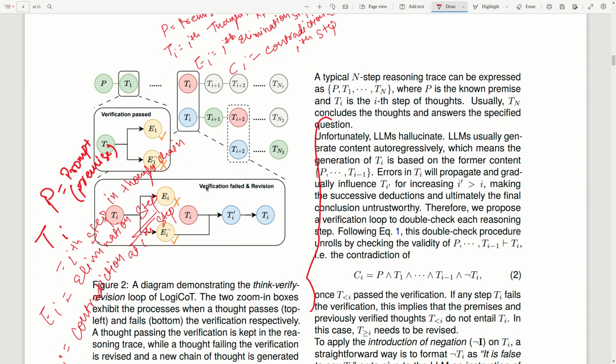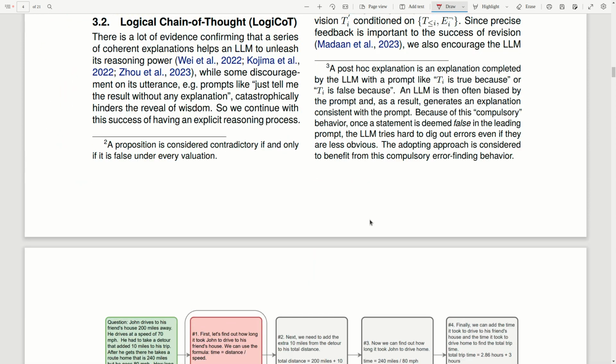So, the verification loop checks the validity of P. Let's say you have a prompt or a premise P, and this P leads to some thoughts in the chain, T1, T2, let's say T of I. And how can we check the validity of P, whether P is true or not, whether we are tracing the right chain in the process?